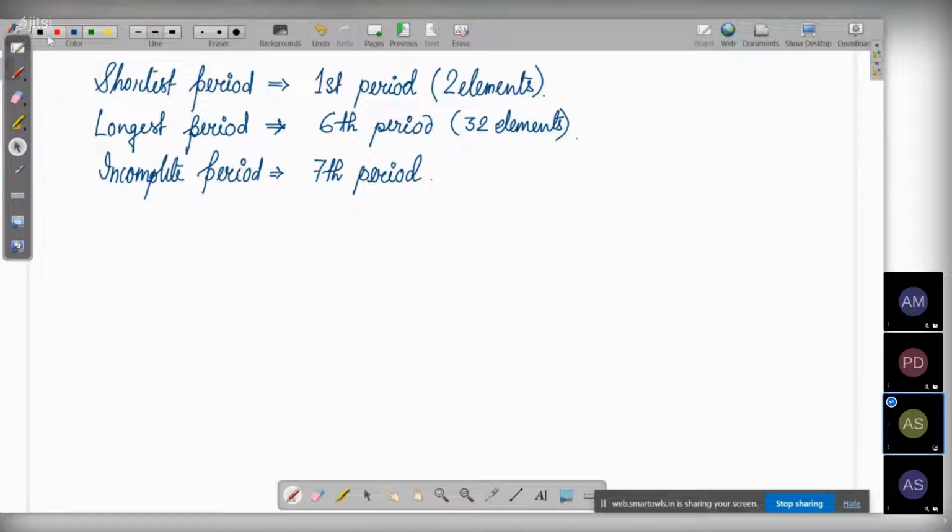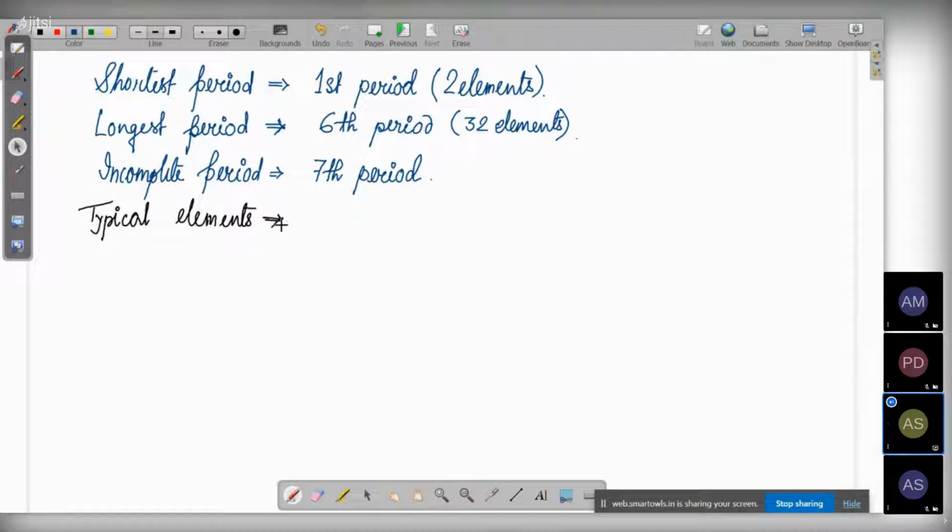Then tell me, what is the typical element? Any idea about typical element? What do we mean by typical elements? See, elements of period 3 are called the typical elements.